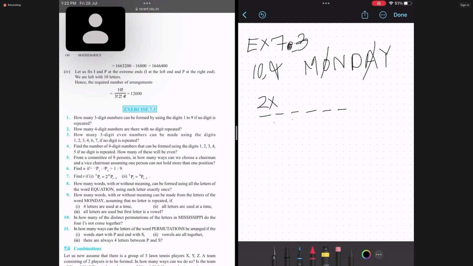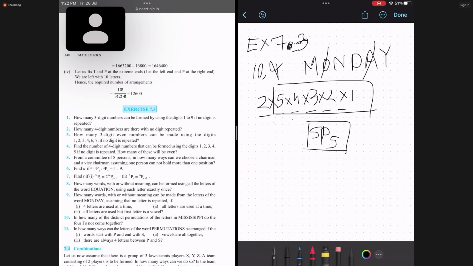Now the number of places remaining is 5. So we have to permute 5 places using 5 letters. So you have 5 into 4 into 3 into 2 into 1. This is nothing but the representation of permuting 5 letters in 5 places, right? So the answer you arrive at is 2 into 5 factorial, that is nothing but 2 into 120.